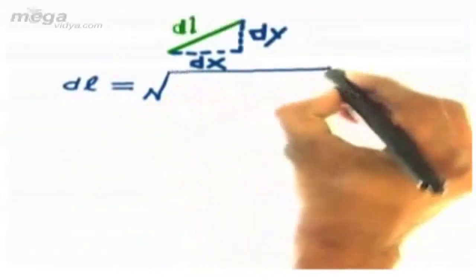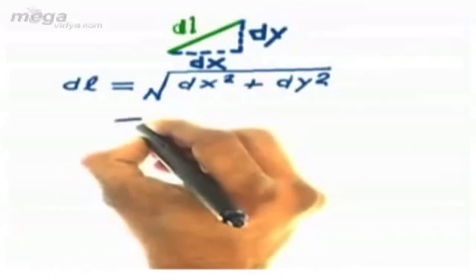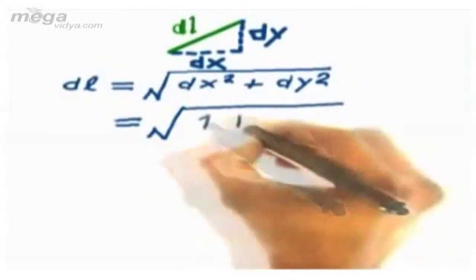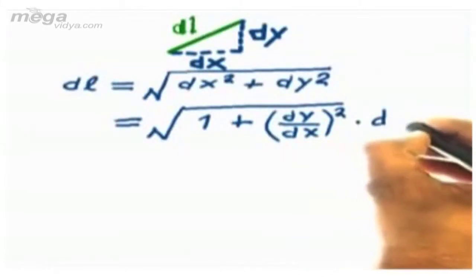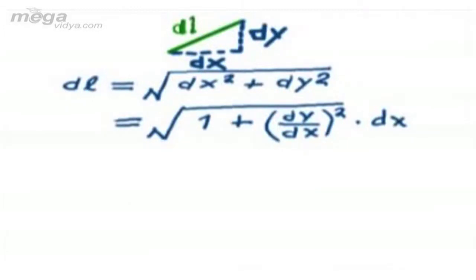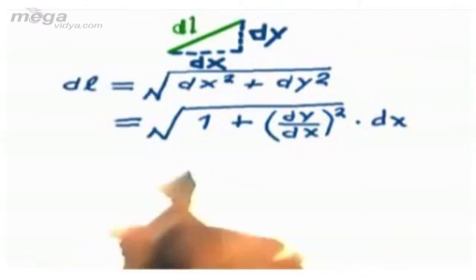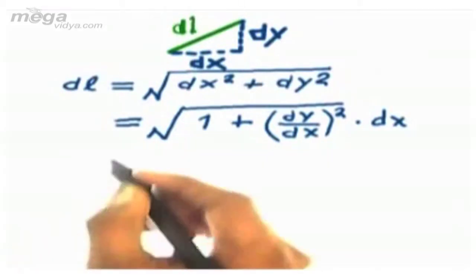Then we can easily write, by using the Pythagoras theorem again, that dl is equal to the root of dx square plus dy square, or it is equal to the root of 1 plus (dy over dx) whole square, times dx.